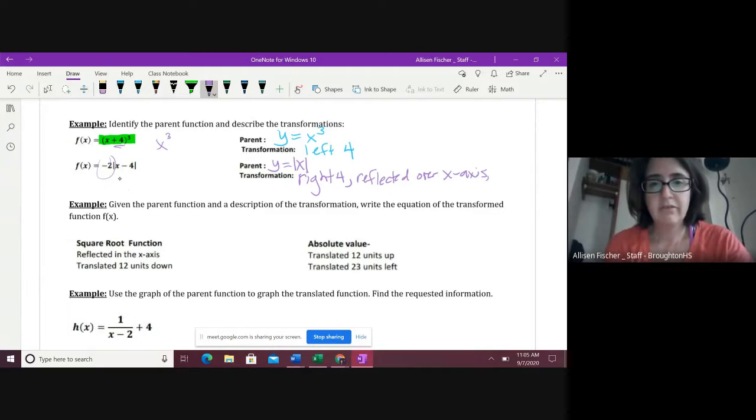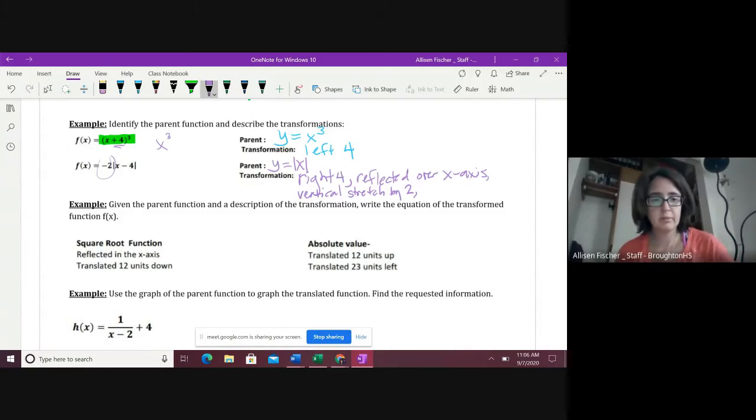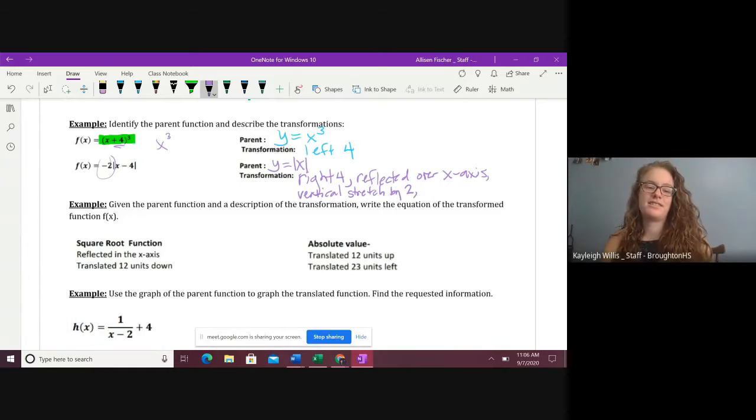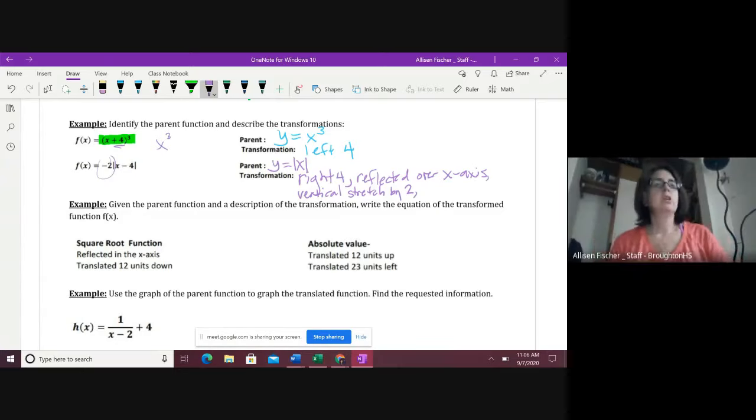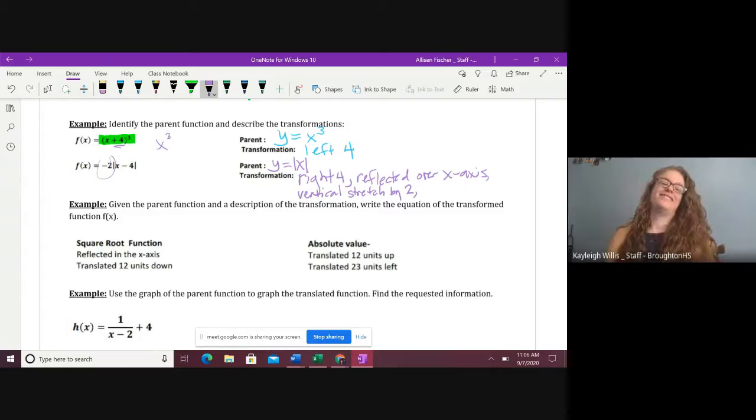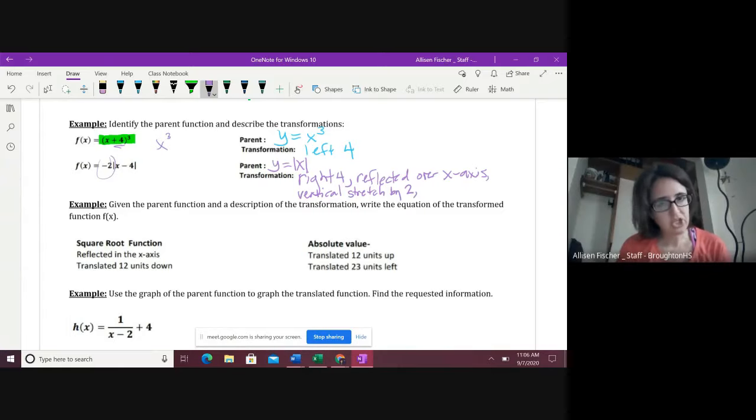So this is a vertical stretch by a factor of 2. And that's it. Those are the 3 numbers. I'm very tempted to say, since it's like negative, it could be a shrink. How would I know it's a shrink? You would know that it's a compression if it's a fraction that is less than 1. Okay. Great question.